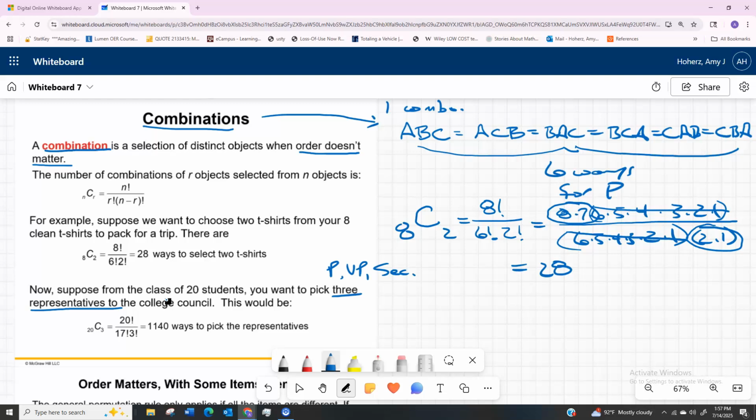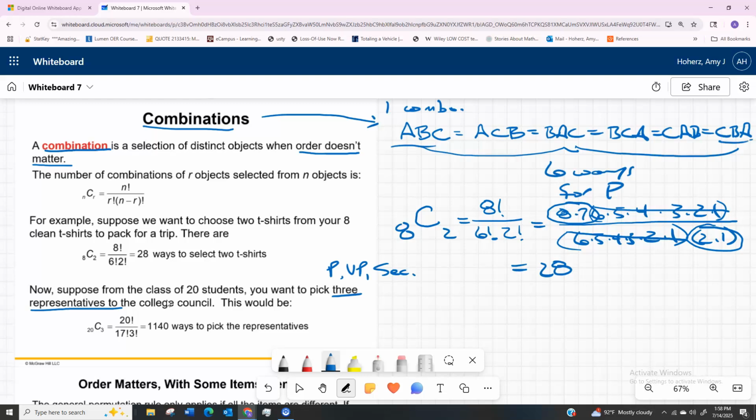Think of our ABC up here. If students A, B, and C get selected, it doesn't matter who got chosen first, second, or third. Any of these different ways, from ABC down to CBA, are still going to have the same 3 representatives.